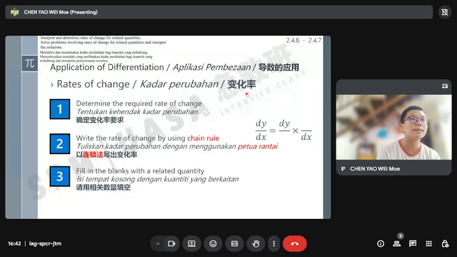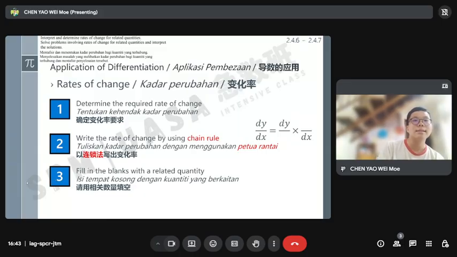You need to find the rate of change, and then you write the rate of change by using the chain rule. If you have the same variable, just put it and fill in the blanks with the given quantity and you find what you want to find.